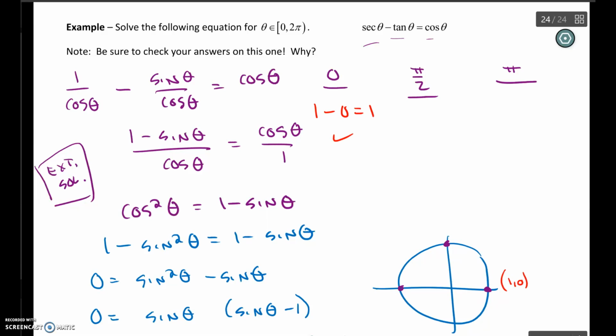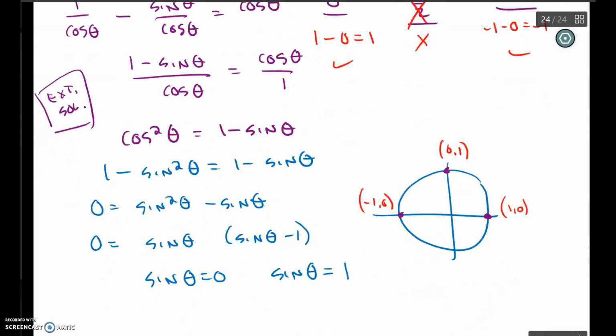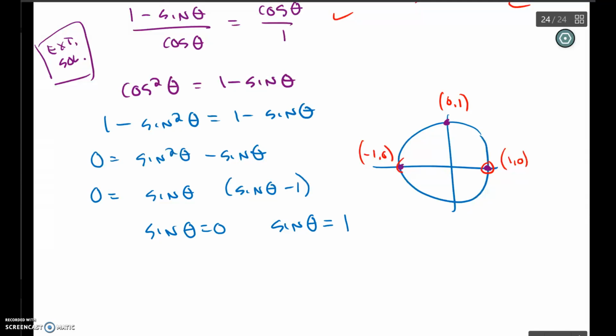Pi halves: this is 0, 1. So the secant is the reciprocal of 0, which is undefined. So this one doesn't work. This point here is negative 1, 0. Secant is going to be negative 1 minus the tangent, which is 0, equals the cosine, which is negative 1. So apparently pi halves doesn't work, but 0 and pi do.